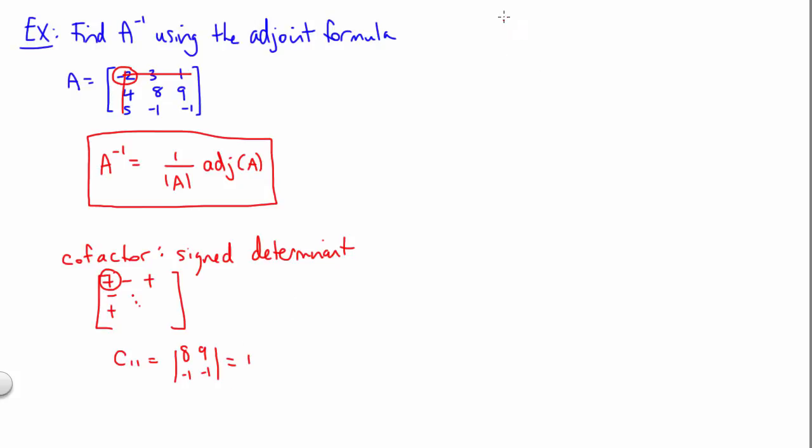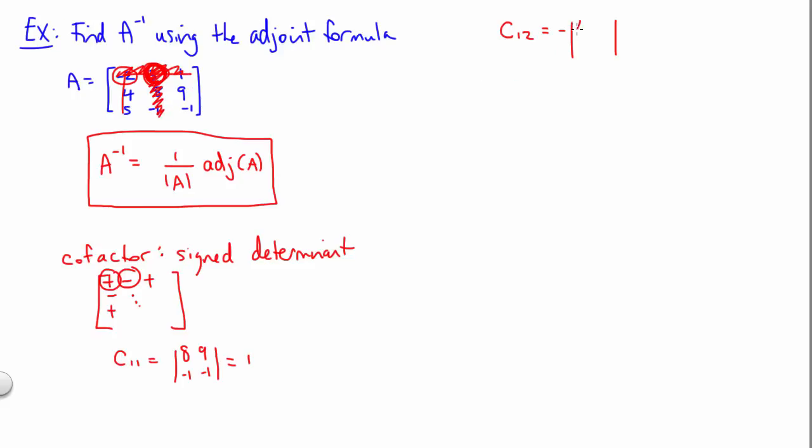Okay, let's try the cofactor C12. We're now talking about the entry in the first row and the second column, so that's this entry right here. Based on its position, it's going to have a negative sign. And we're getting negative 1 times the determinant that we get when we cross out the first row and now the second column.